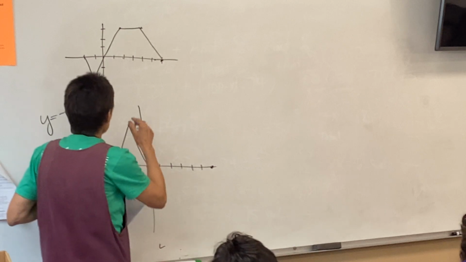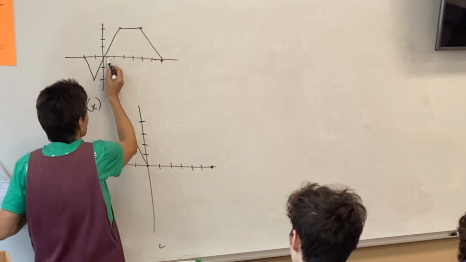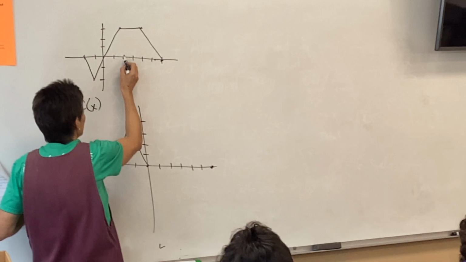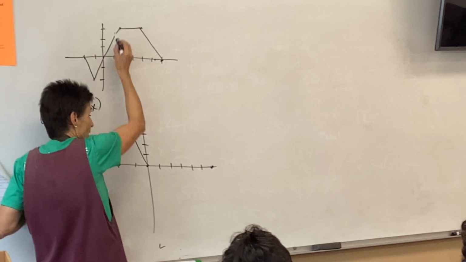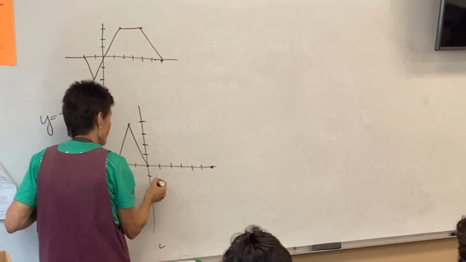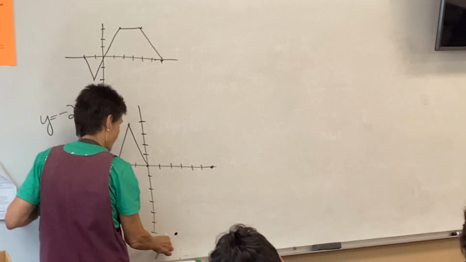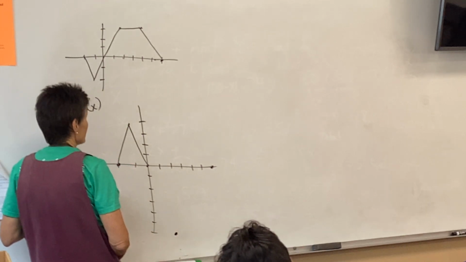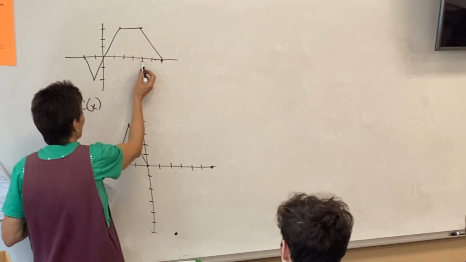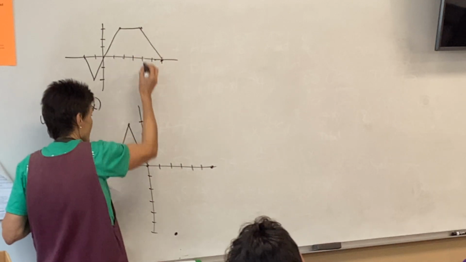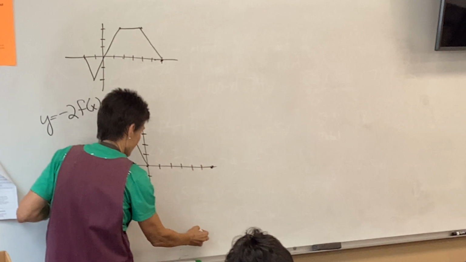So this trapezoid, where this first point was over 2 and up 3, is now going to be over 2 but down 6. And over 4 up 3 is over 4 down 6.